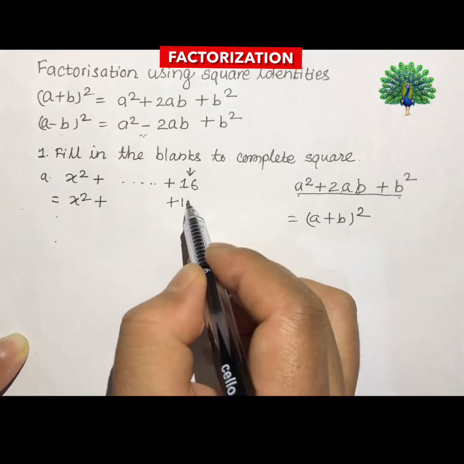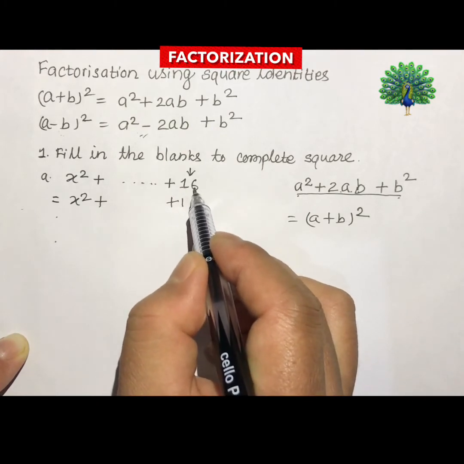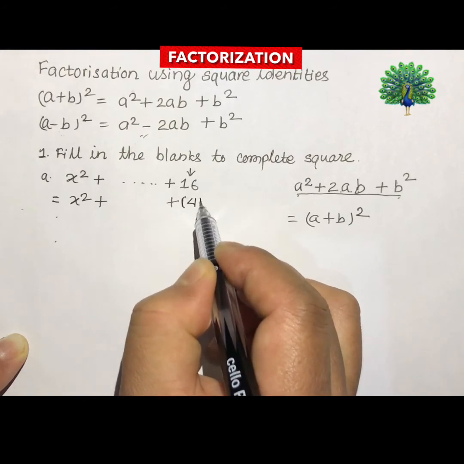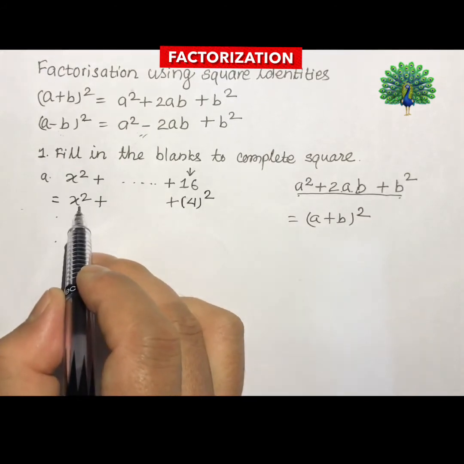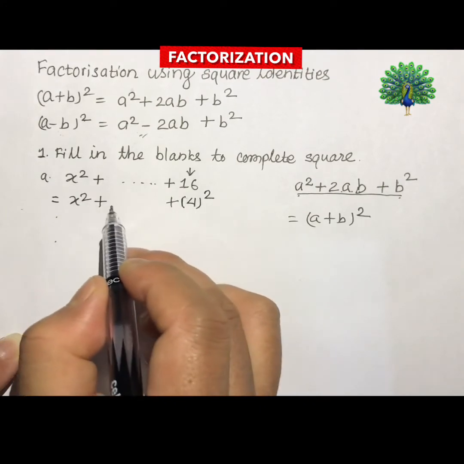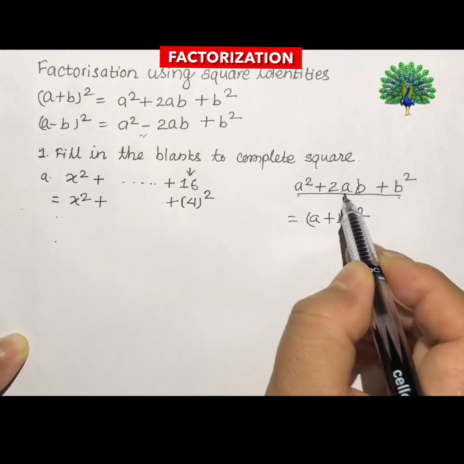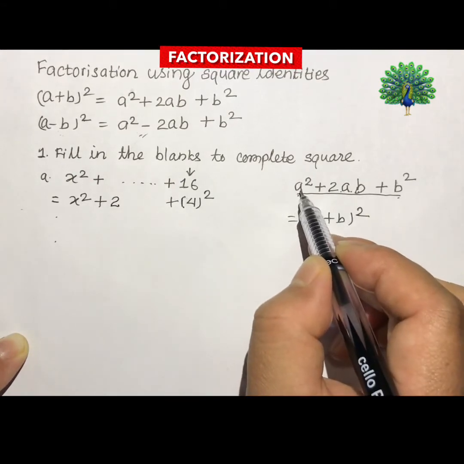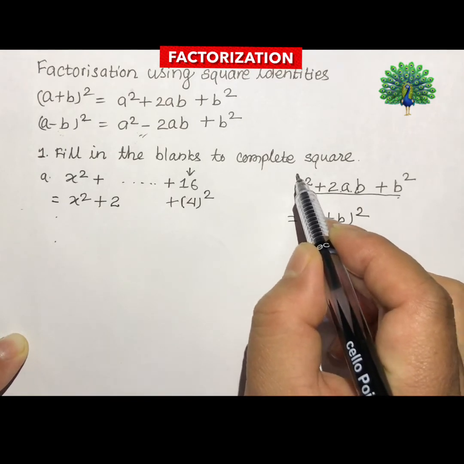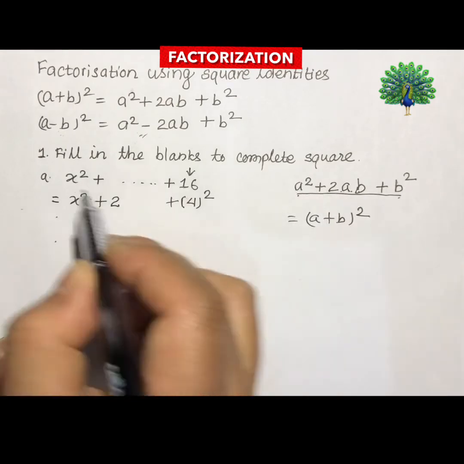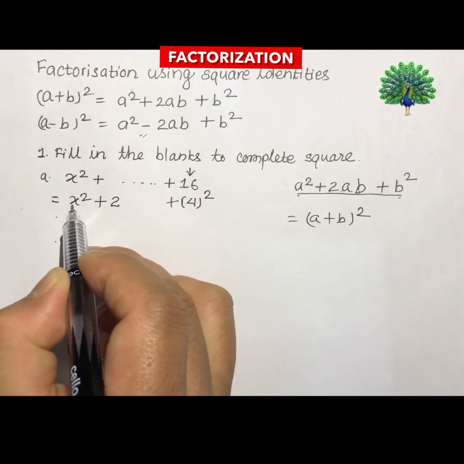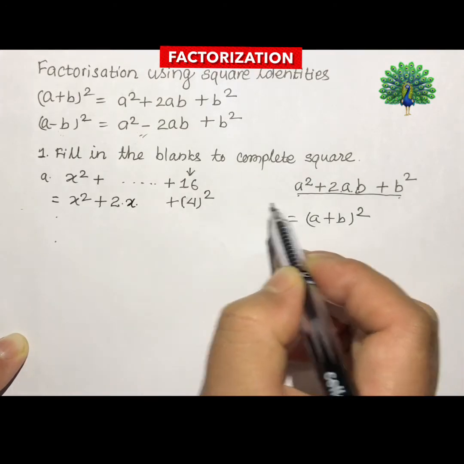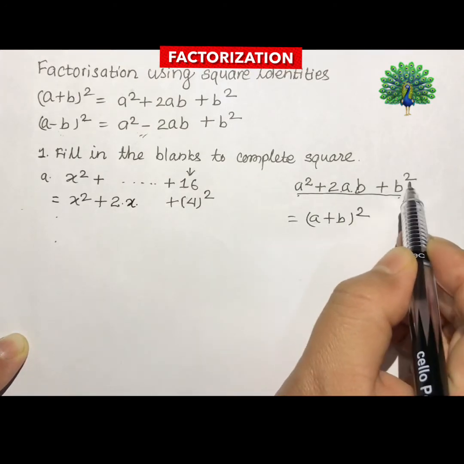Everybody, keep this criterion in mind properly. So at first we will make the last term a square. 16 is 4 square. After making it a square, what do you have to put? To use this formula, you have to put 2ab here. Look at the first term: without the square, it is x. So a is x. In place of b, what do we put here?